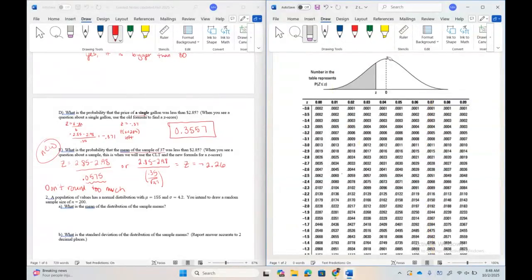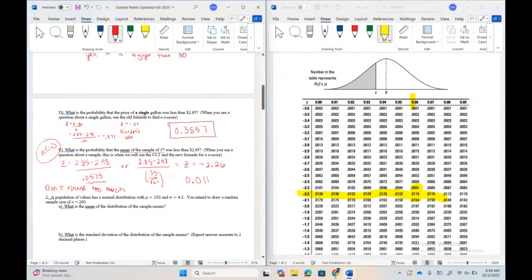All right, and I need to find negative 2.26. Here's my 6's. So I'm going to say 0.0119. There's my answer.